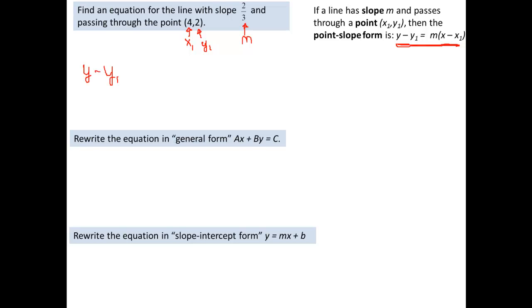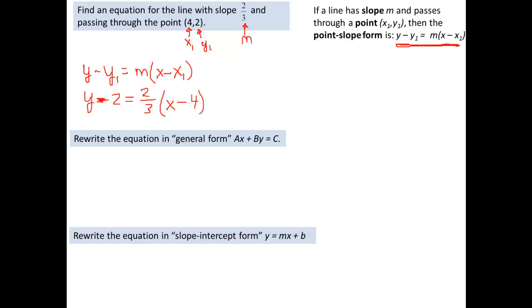So point-slope says y minus y1 is m times x minus x1. So plugging in for this example, y minus 2 is 2/3 of x minus 4. Don't forget those parentheses, that's important. Okay, and so this is an equation, and it is describing the line that we're interested in.